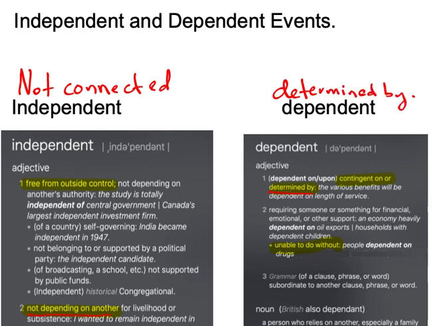Now, we're talking about events here. Let's think about probabilistic events like flipping a coin. If I flip a coin and then I flip that same coin again, these are two different events.